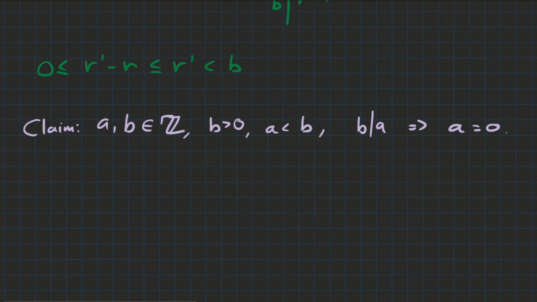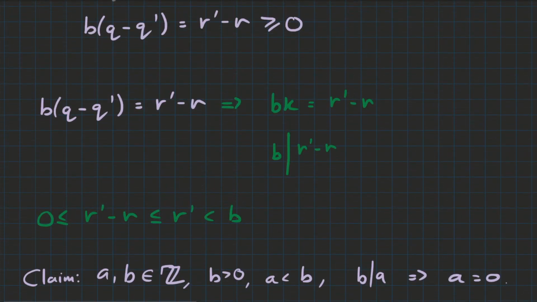And by this claim, we have that B divides a number strictly smaller than it. That's what we're saying right here. So this and this in combination tell us that R prime minus R equals 0.